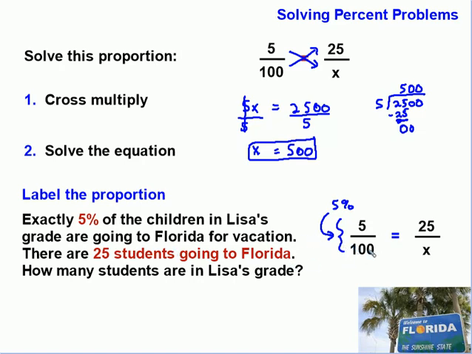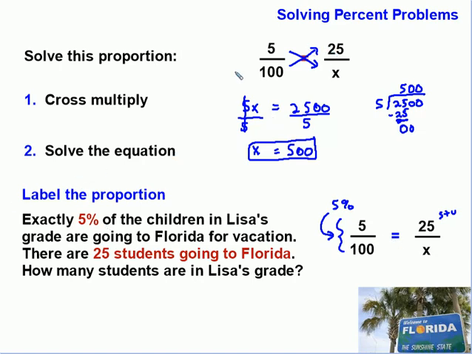If we know that 25 students are going to Florida, how many students are in Lisa's grade? So we've got a part over here and a whole on the bottom, and a part over here and a whole on the bottom. So the total number of students in Lisa's grade will be equal to the result of solving this proportion.